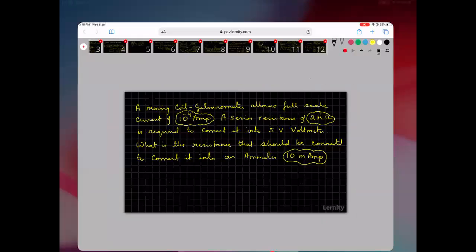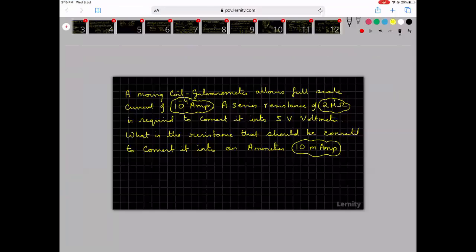Here is the question. A moving coil galvanometer allows full scale current of 10 power minus 4 ampere. A series resistance of 2 mega ohms is required to convert it into a 5-volt voltmeter. What is the resistance that should be connected to convert it into a 10 milliampere ammeter?